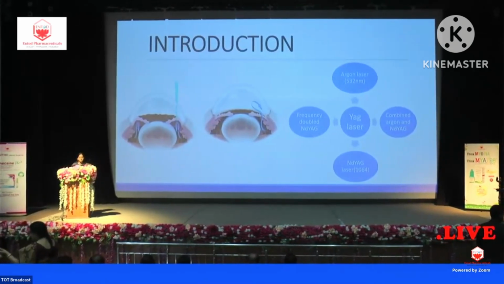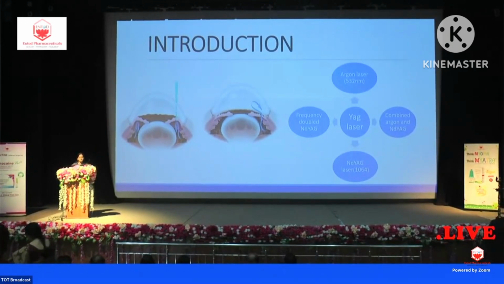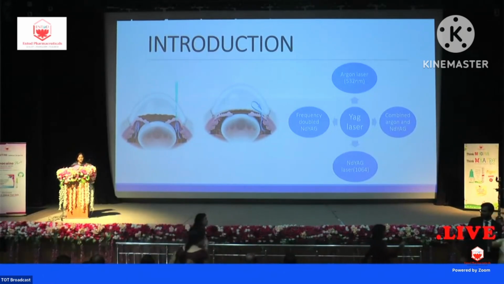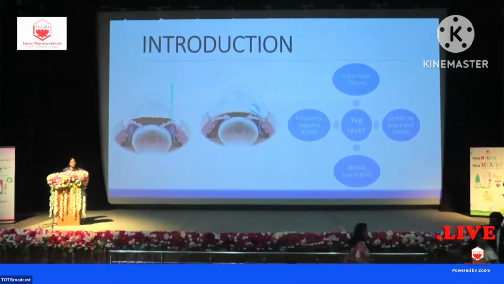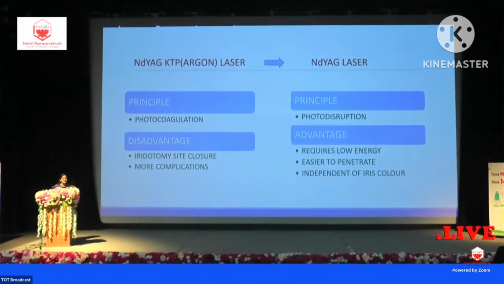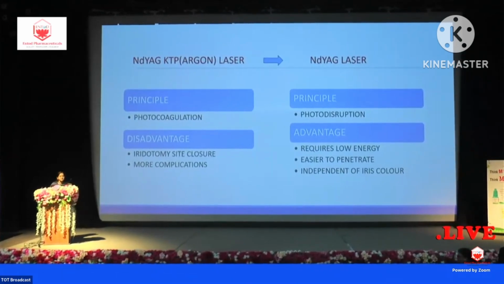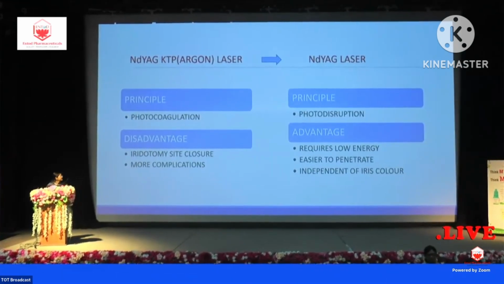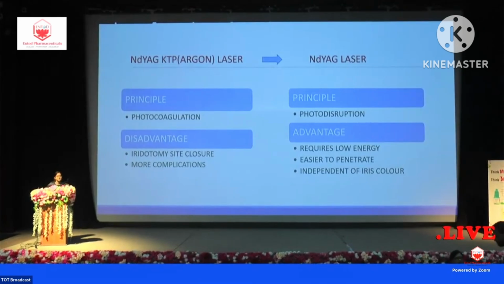So in basically laser peripheral iridotomy, we make a hole in the iris to allow aqueous to flow from the posterior to the anterior chamber, relieving the pupillary block. Among the lasers, ND-YAG is the most commonly used nowadays, followed by combined. In the 1950s, argon laser came into existence, which followed the principle of photocoagulation.